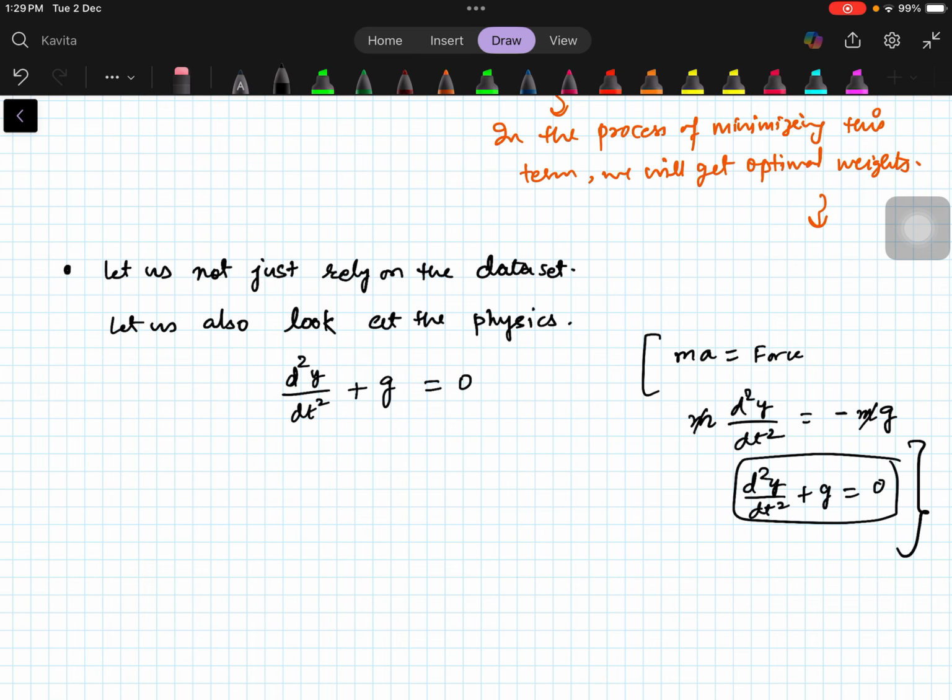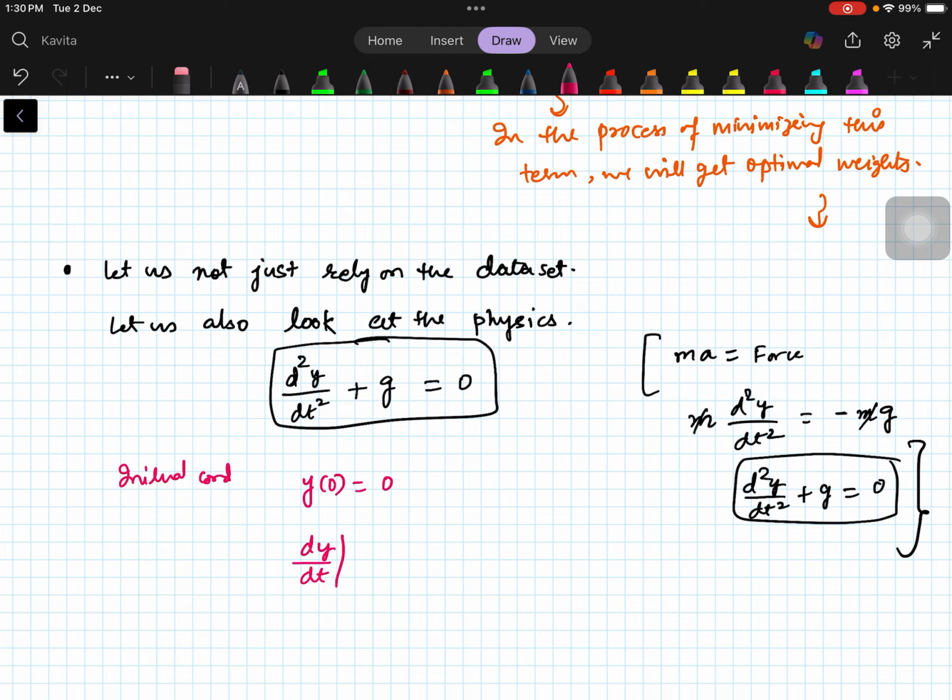So this is the equation which is satisfied for this particular ball. And if you look at the initial conditions, what are they? You want the height at 0 to be 0, at the beginning you are giving no height, and also the initial velocity, dy by dt at t equal to 0 is v naught sin theta. Why v naught sin theta?